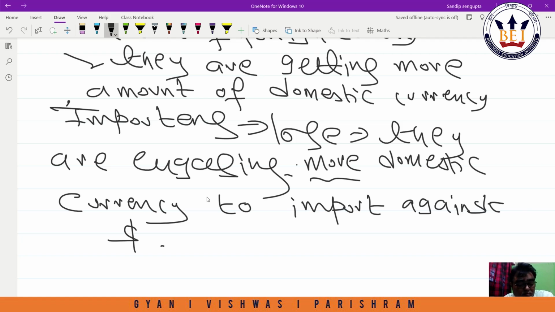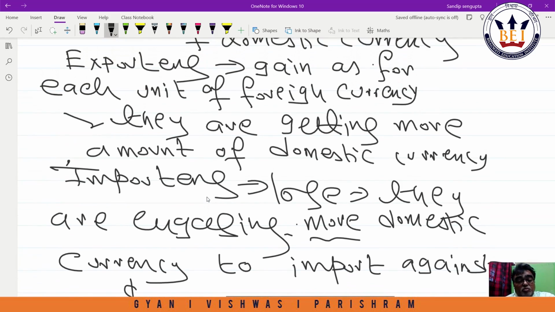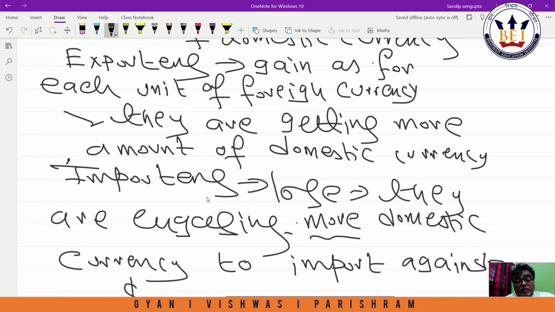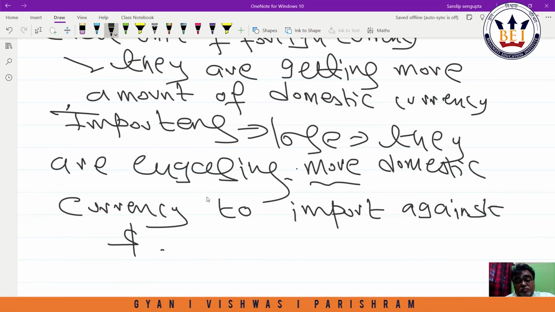The logic is this: exporters gain because for each unit of foreign currency they are getting more amount of domestic currency. Importers lose because they are engaging more domestic currency to import against dollar.